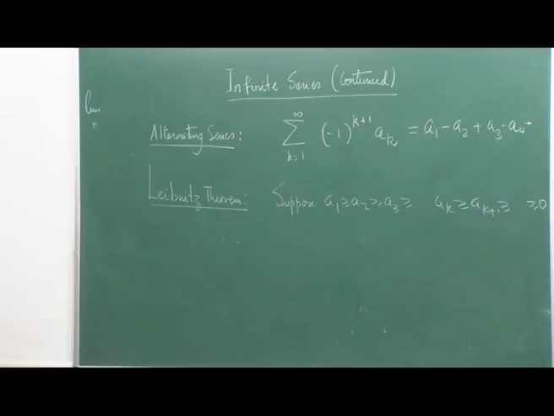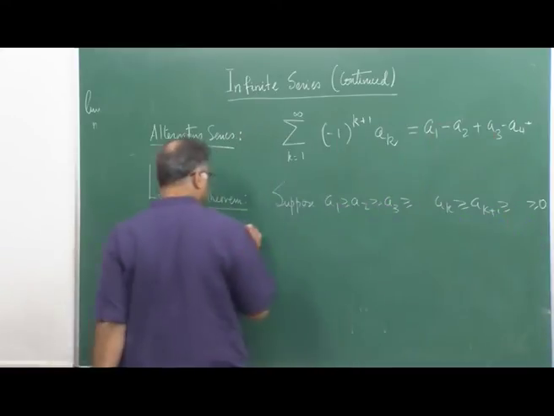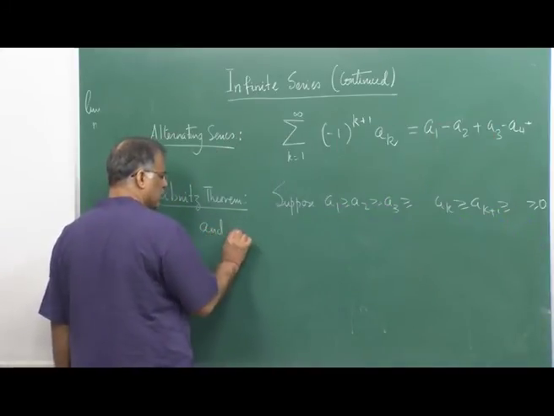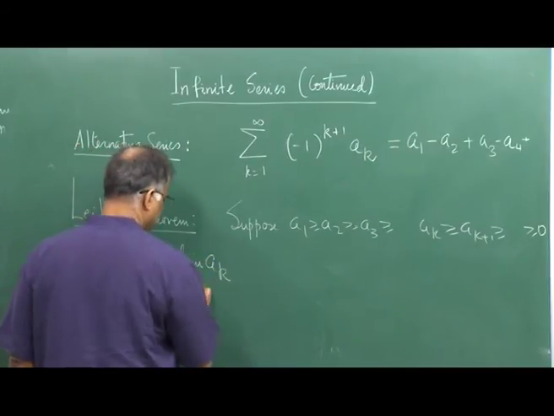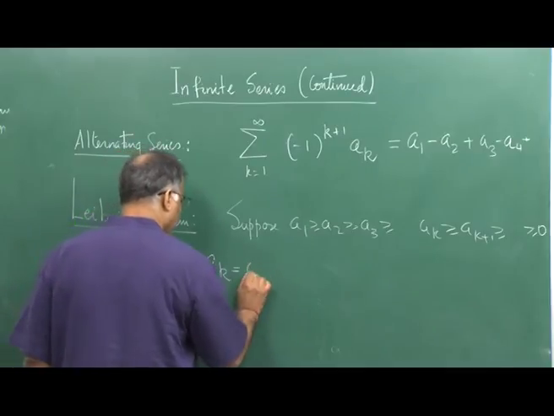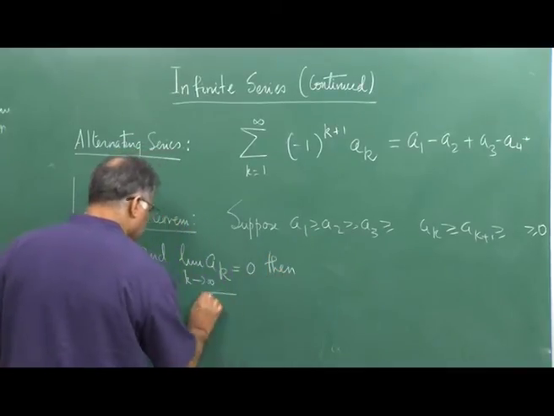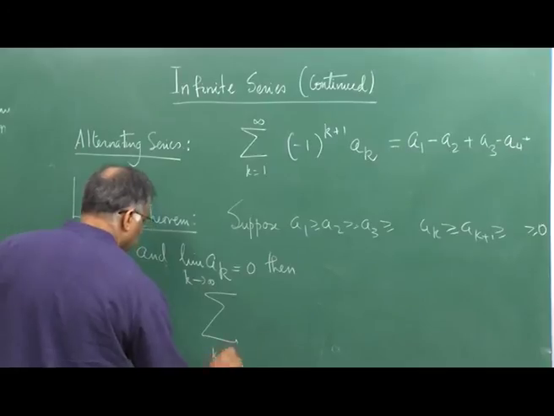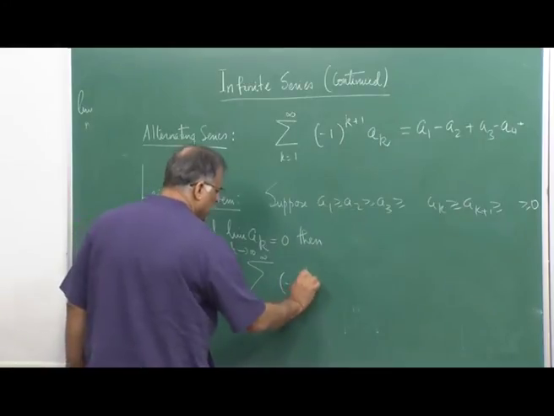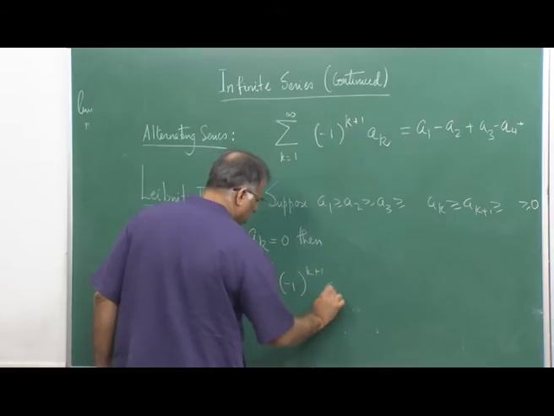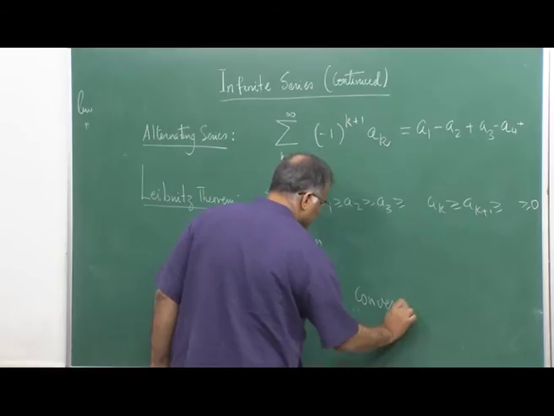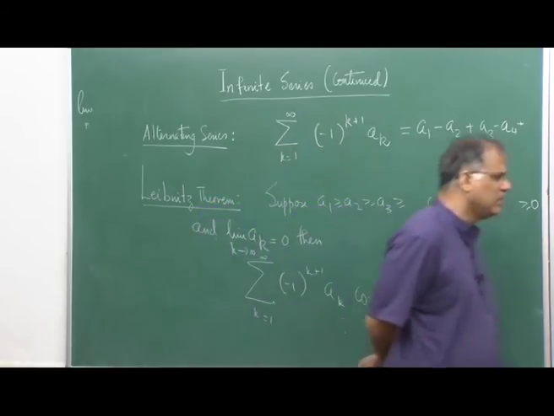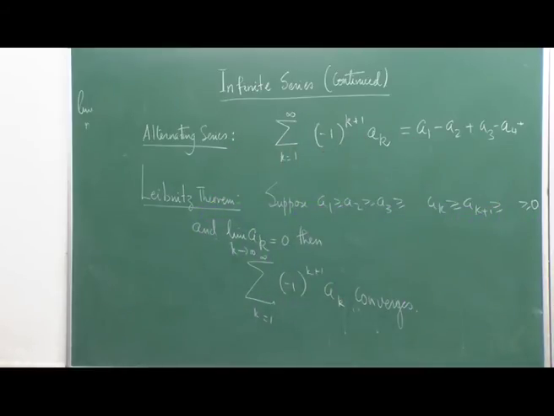Suppose this happens, and also that the limit of a_k as k tends to infinity is 0, then summation k equal to 1 to infinity of minus 1 to the power k plus 1 a_k converges. There is a crux: these sort of series are called conditionally convergent, they may not be absolutely convergent.